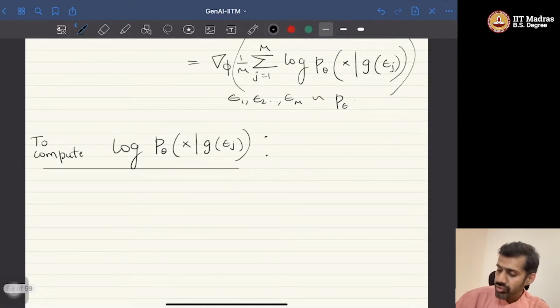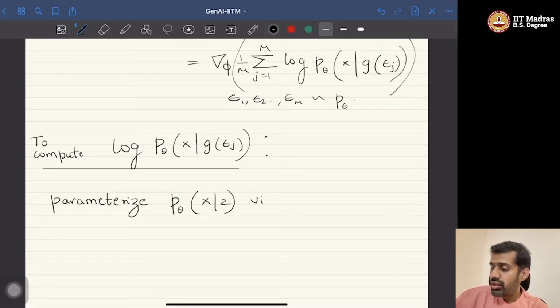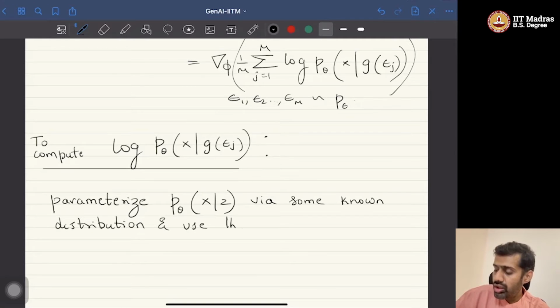Now there are multiple ways to do it. I'll give you one example. The basic idea is the following: parameterize p theta of x given z via some known distribution, and use the decoder to output its parameters.